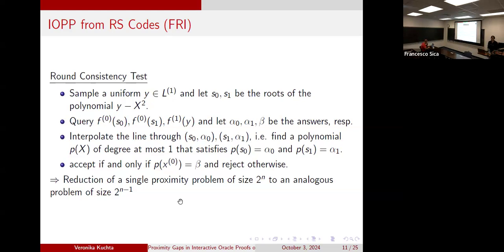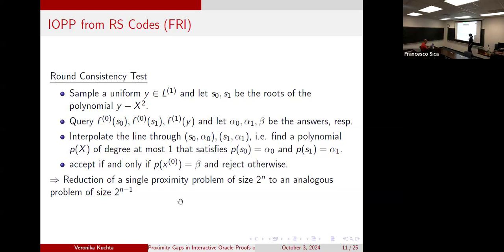And then the verifier would query from the prover the evaluations of the polynomial f0 in s0 and s1, and the evaluation of polynomial f1 in y. So if you assume that alpha 0 is the output of f0 at s0, alpha 1 is the output of f0 at s1, beta is the output of f1 at y, then what the verifier can do is interpolate a line through these points, right?